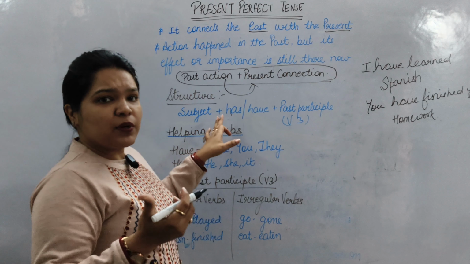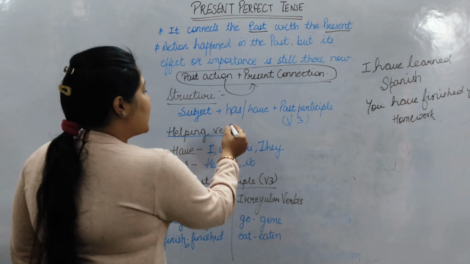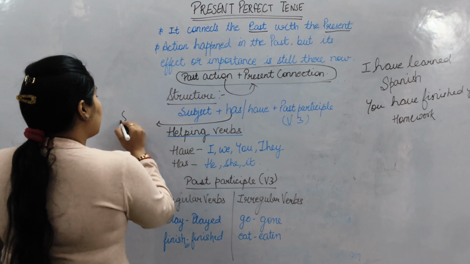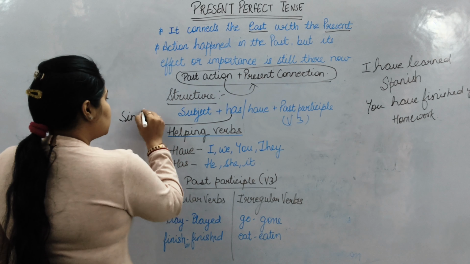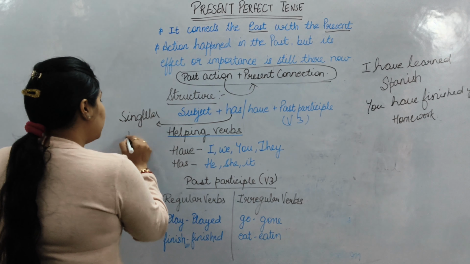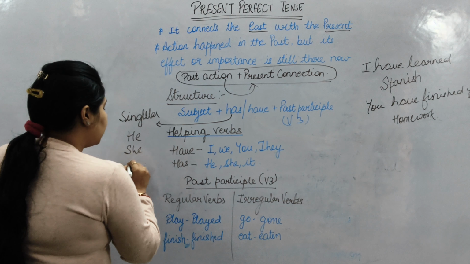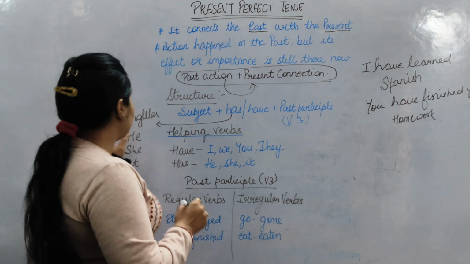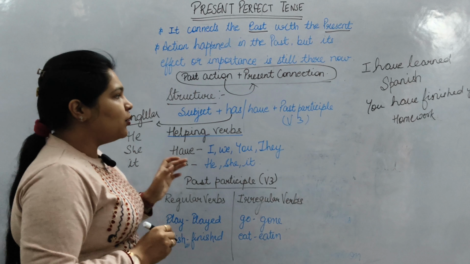Now let's see where to use has and where to use have. Has is used with singular nouns, with singular, like he, she and it. Or with a person, one person or one thing. Only one, because I have already told you it is used with the singular.